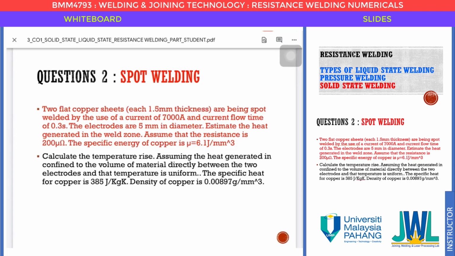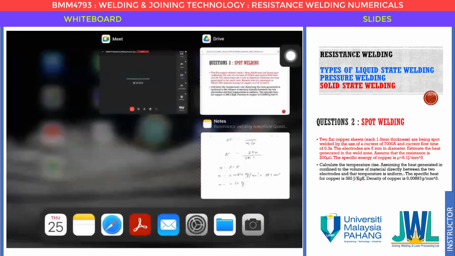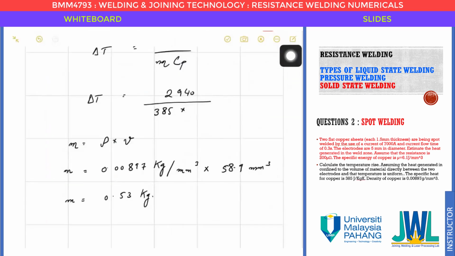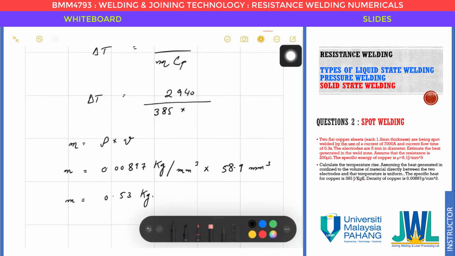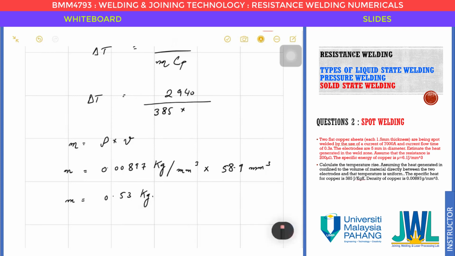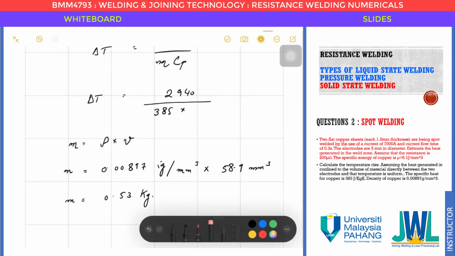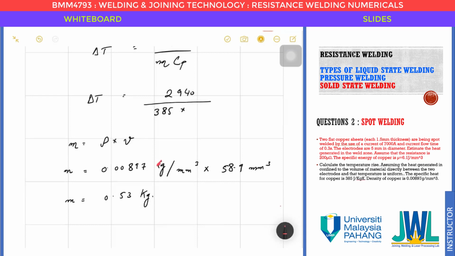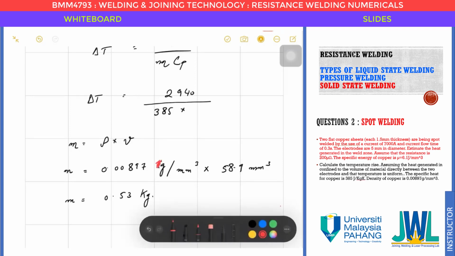One mistake. The density is 0.00897 grams per millimeter cube. That's a mistake; this is grams per millimeter cube, so the answer is in grams.